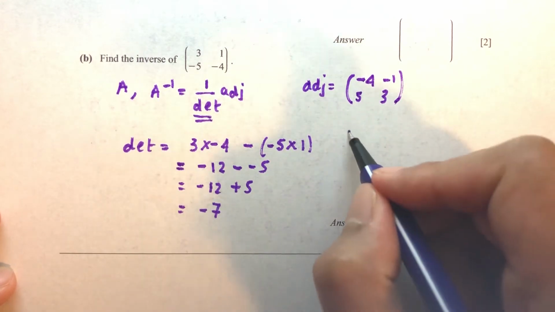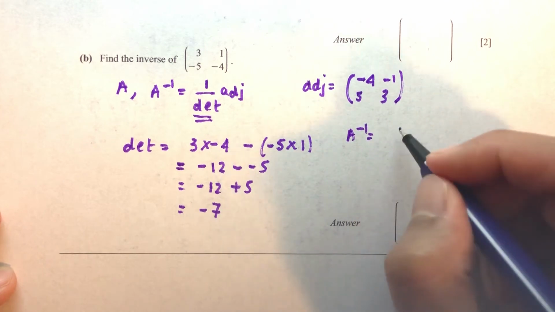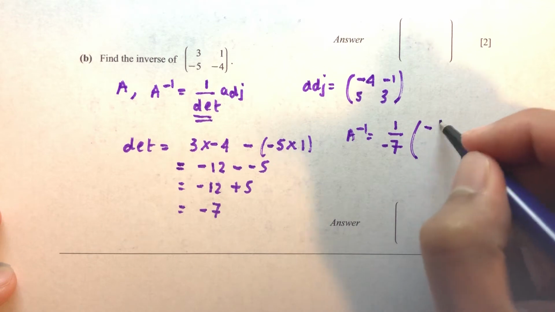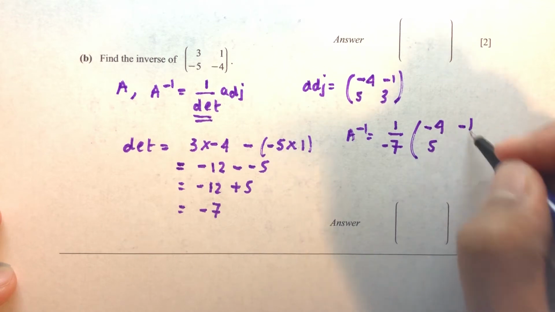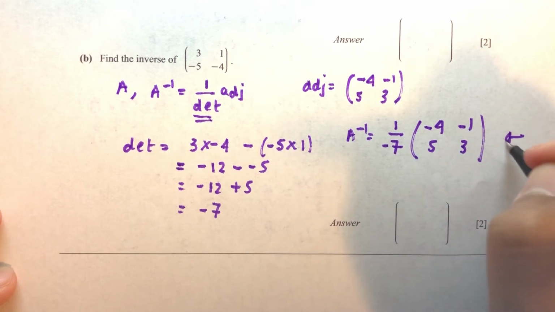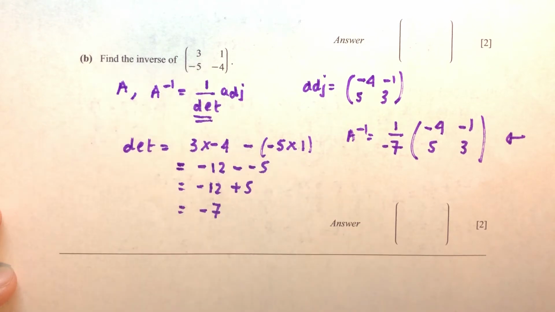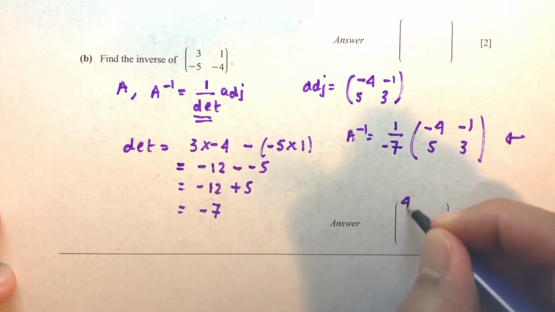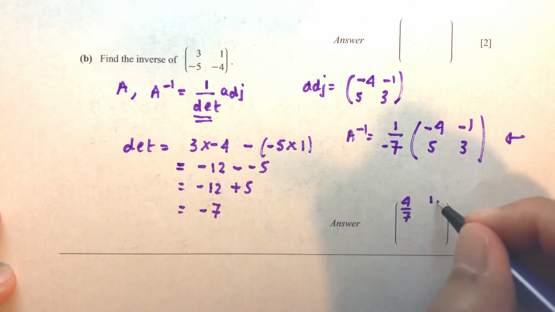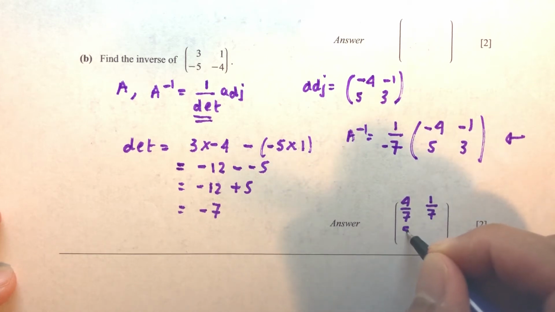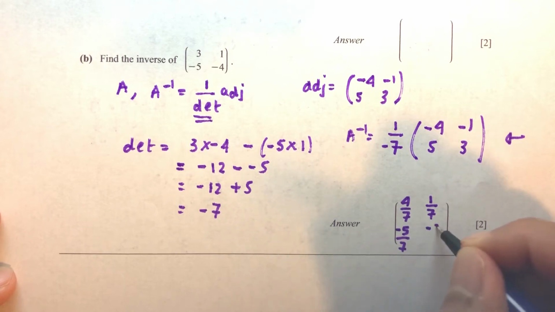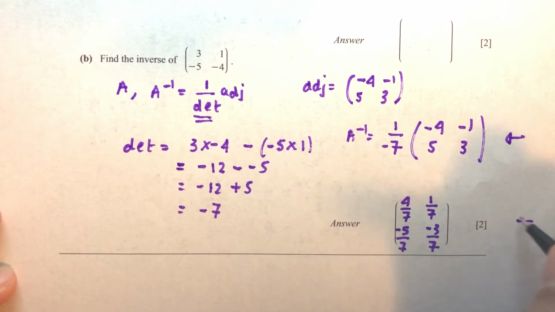So A inverse will be 1 over minus 7, and then this matrix, and that is the inverse of this matrix. You can always bring this in. That will be 4 over 7, 1 over 7, 5 over 7, and minus 3 over 7. That's the matrix inverse for this matrix.